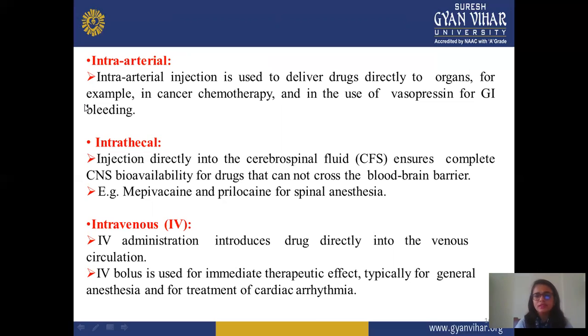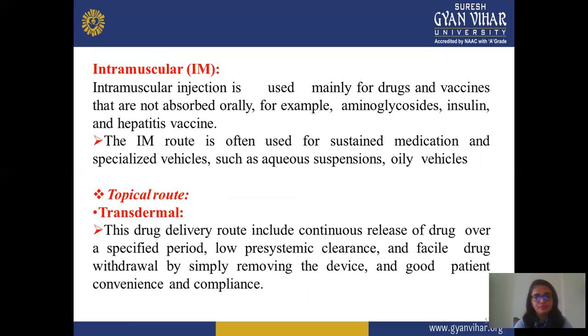This route is used mainly for formulations like anesthesia or cardiac arrhythmia or certain attacks during emergency situations, because intravenous is the fastest route, for all types of dosage form, since you give the formulation directly in the vein, and it directly affects the particular site. It is the fastest route for therapeutic effect.